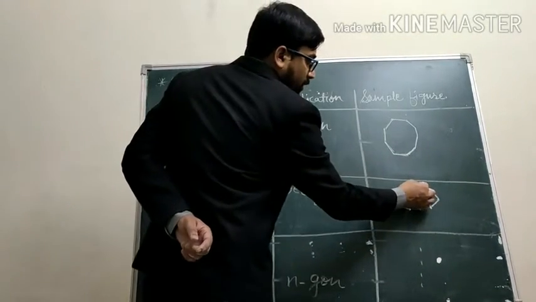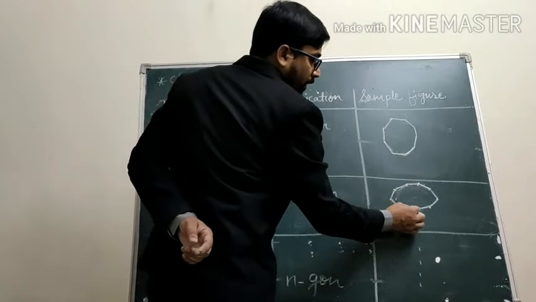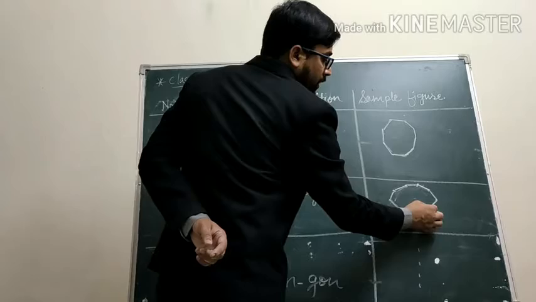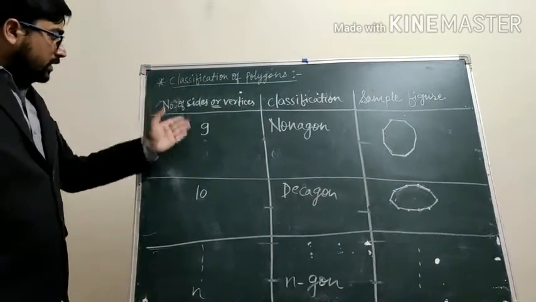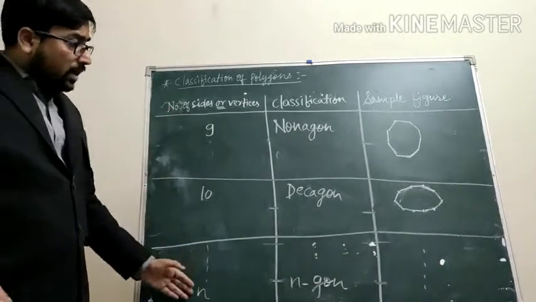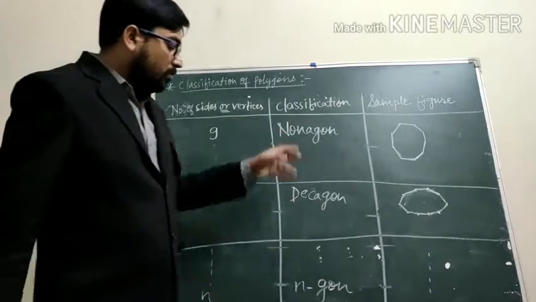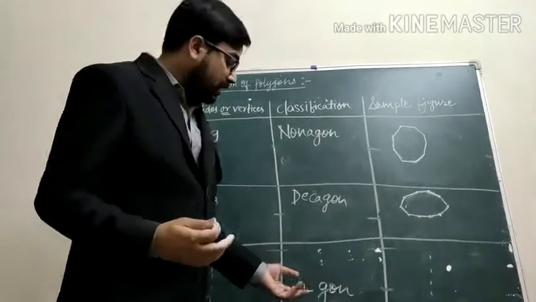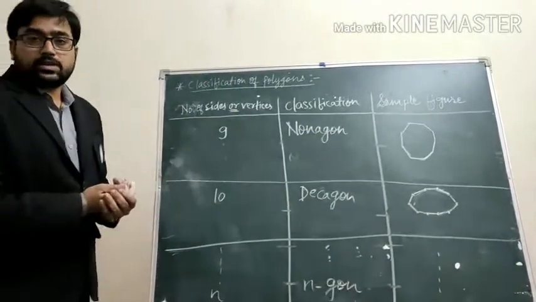Starts from here 1, 2, 3, 4, 5, 6, 7, 8, 9 and 10. This way you can proceed, and for n number of sides, the name is n-gon, and the shape is whatever sides is given.